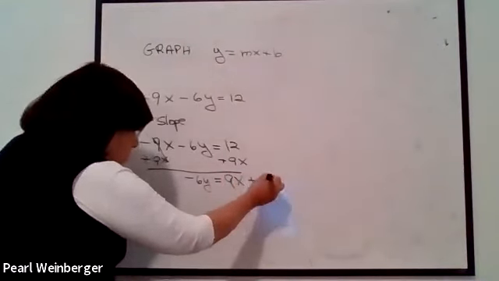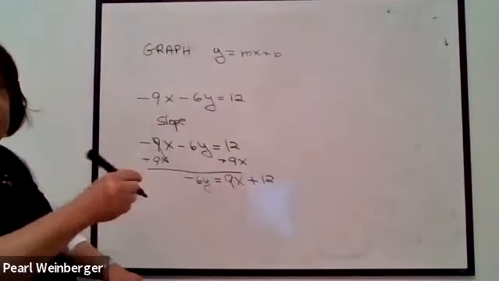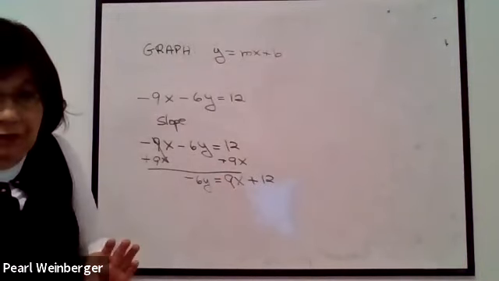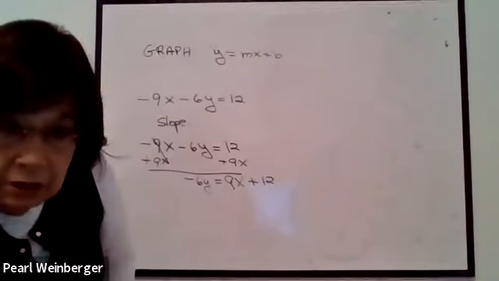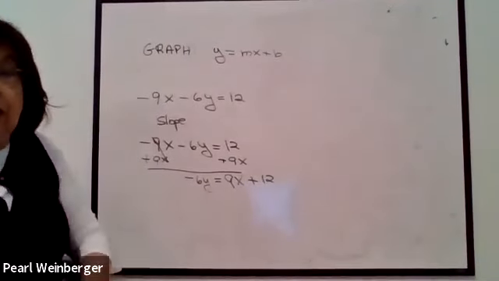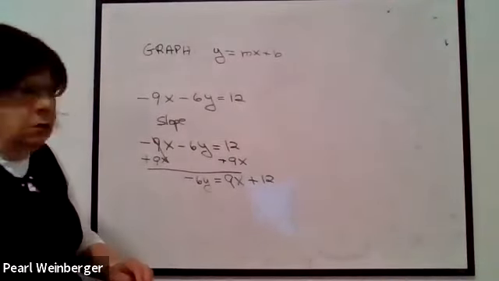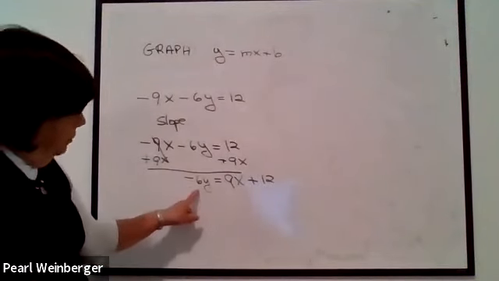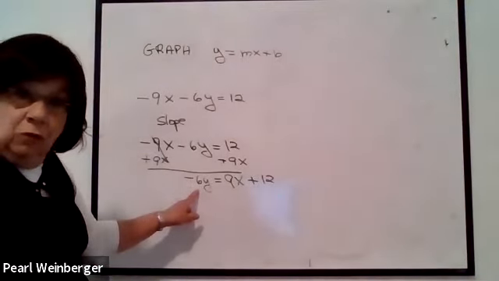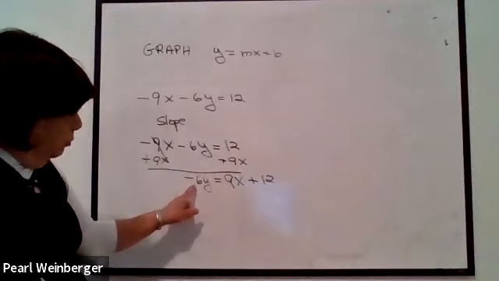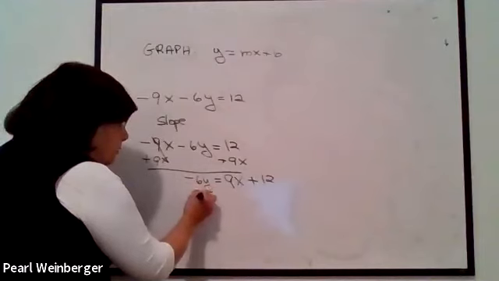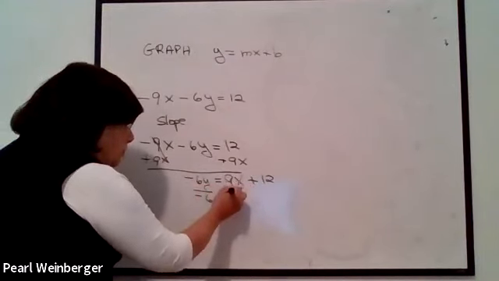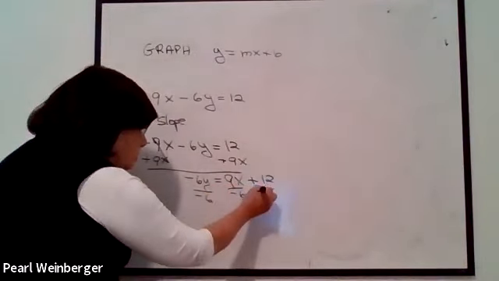Remember, I always tell you to put the x term first and the number term second. The next thing we do is divide by the coefficient of the y. What is the number in front of the y? In this case, it's negative 6. So I'm going to go ahead and divide every single term by negative 6.